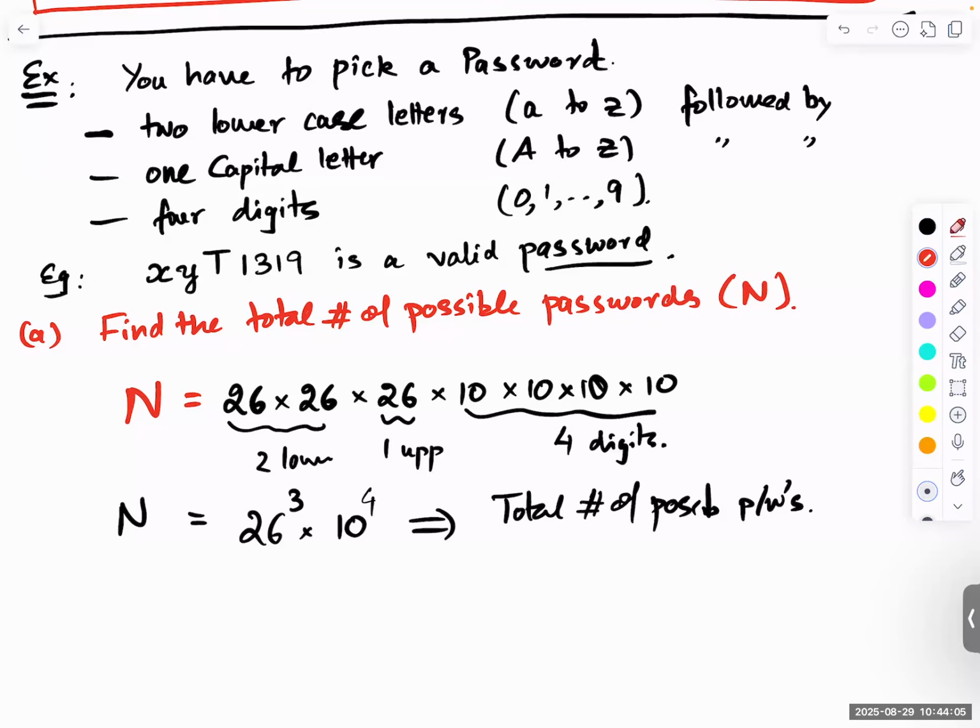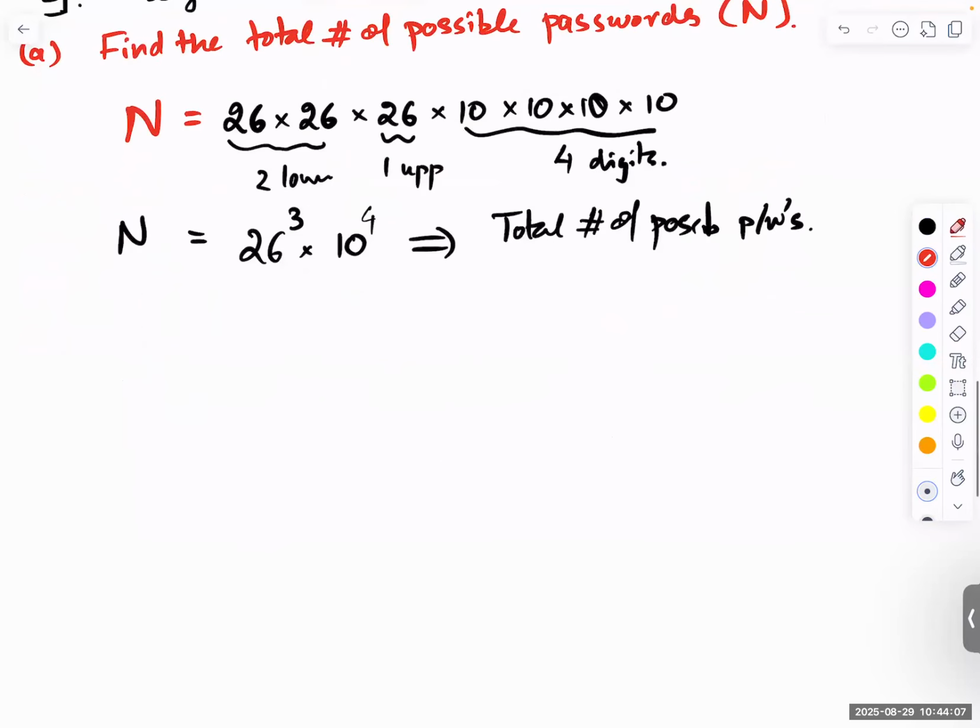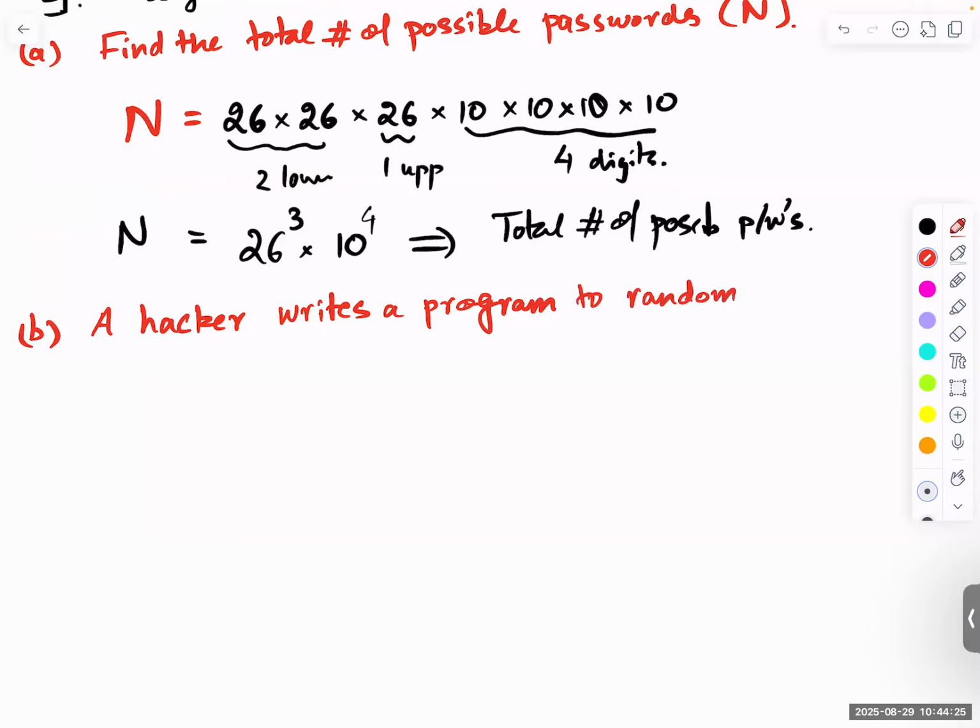Now let's work out another question within the same vein, within this example. Now suppose there is a hacker. So a hacker writes a program to randomly and independently generate say 10 raised to power 8 passwords.